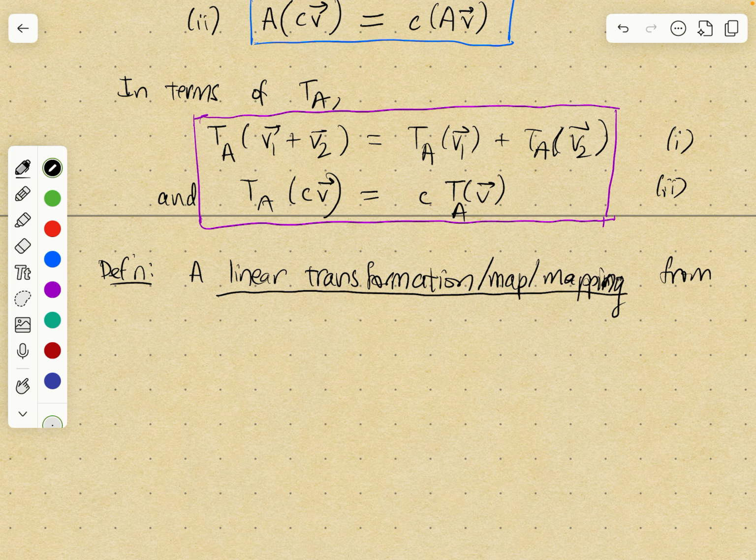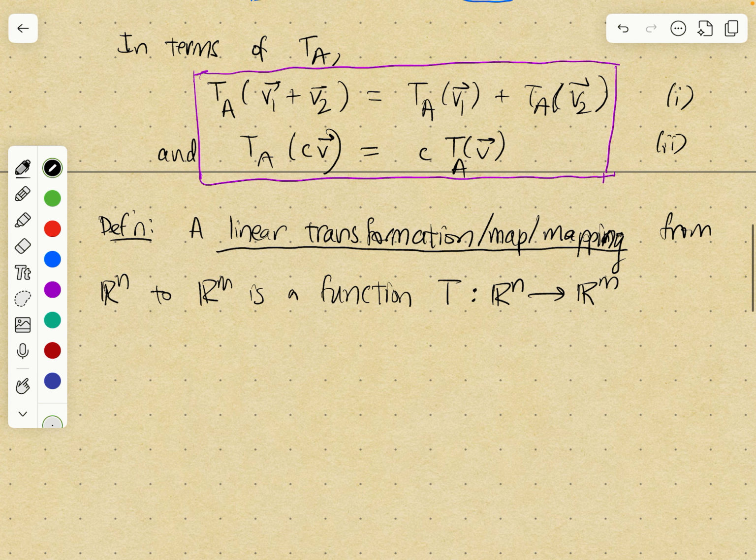from Rn into Rm is a function, say T. Okay, so T is a function that has inputs in Rn and the outputs are in Rm, satisfying these properties, which I'm going to spell out.